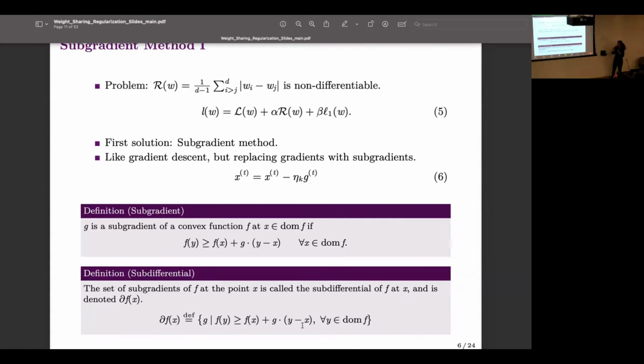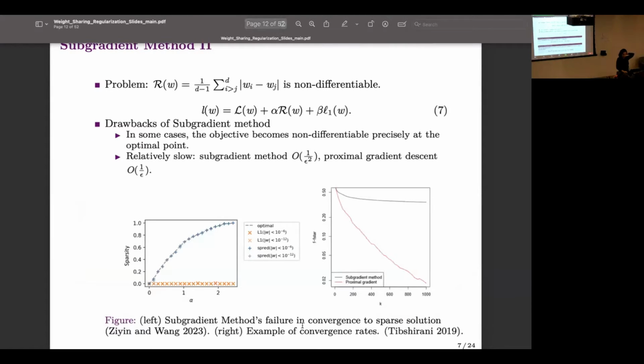So we don't have one gradient anymore. We have a set, the subdifferential, which refers to all of the subgradients at this point. So at this point, specifically, the whole set from -1 to 1 is accepted as the subgradient. The subgradient method, however, is not really desirable to use because of a bunch of problems.